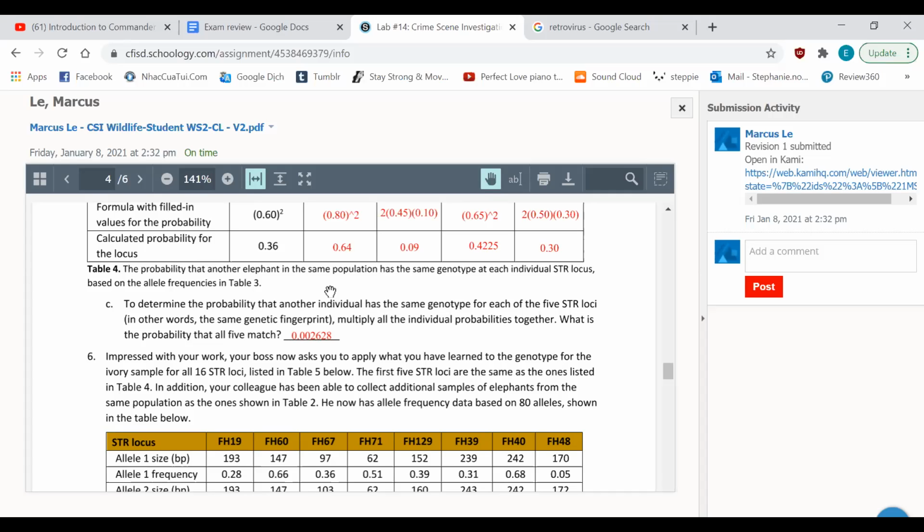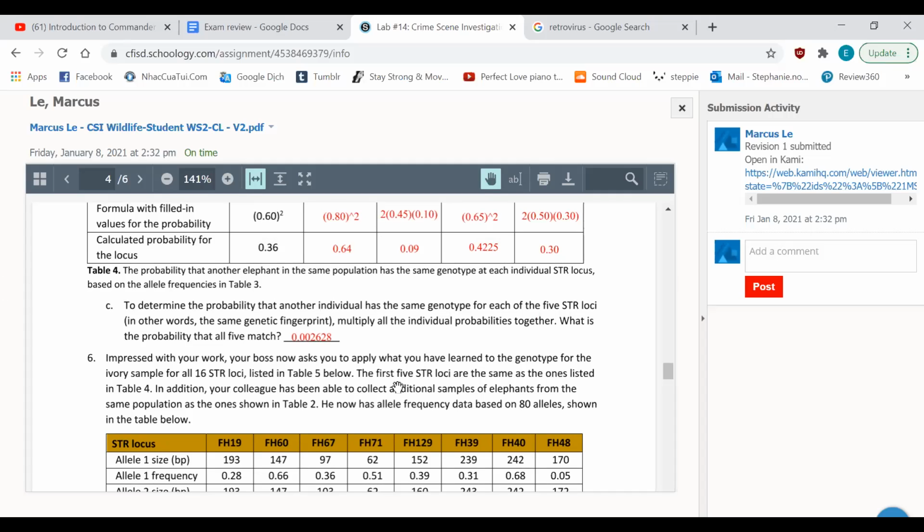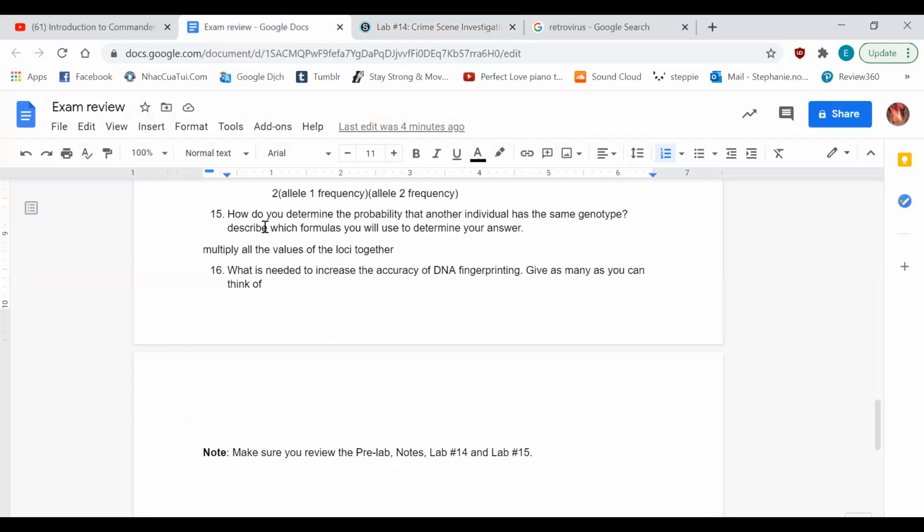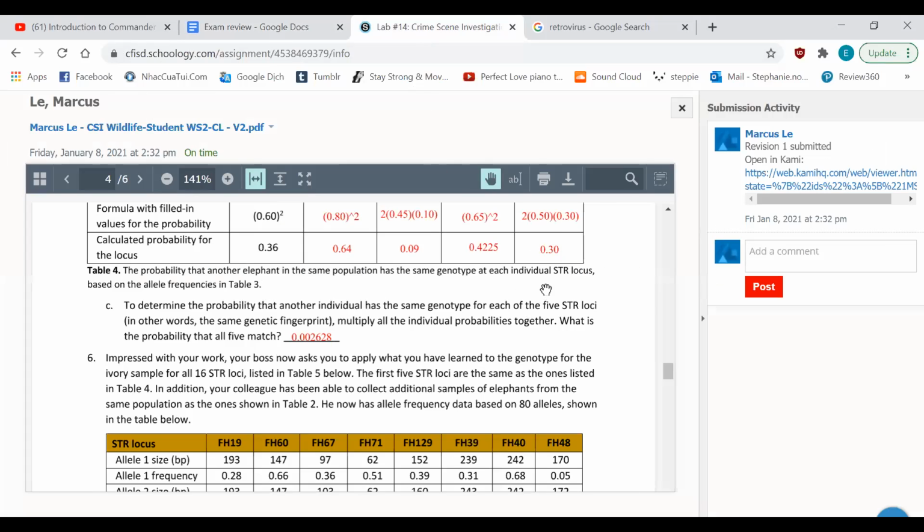Normally less than 1% if you converted it from a decimal into a percentage. How do I find that? I take this number, this number, this number, this number, and this number, multiply them all together, and I get this very tiny number. Got it? I take all the probabilities for the loci, as I've written here, and you multiply them all together.